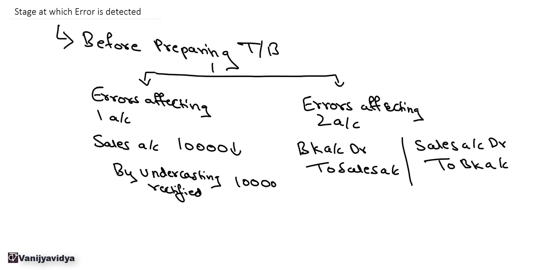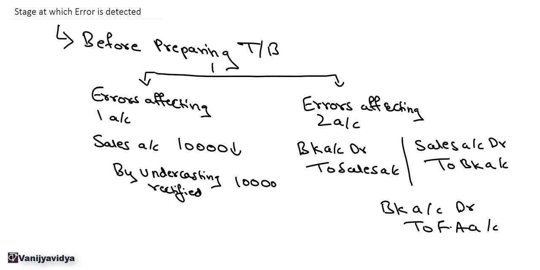And what should have been the correct entry is bank account debit to fixed asset account.